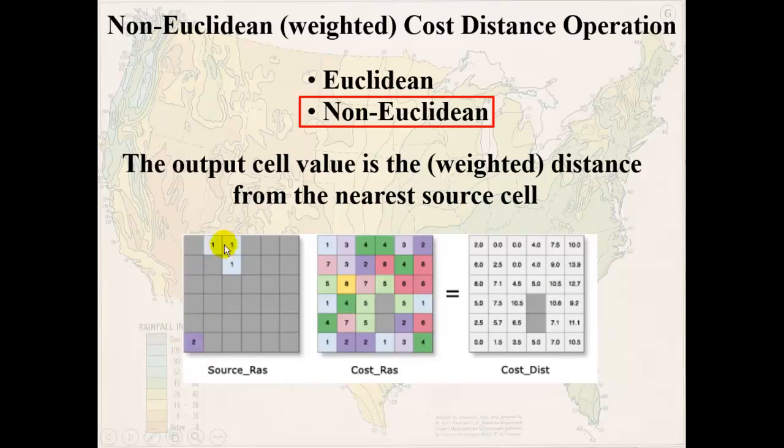This might be a road or a campground, and you might want to go to one spot or another, and you might have an elevation raster or a slope raster, and you could make a raster that represents the cost of climbing a hill or the cost of dense forest cover, and you could determine how far it is in terms of the cost of going from one cell to another as opposed to just the distance. So Euclidean distance is kind of like a regular buffer, but cost distance is kind of like a network.